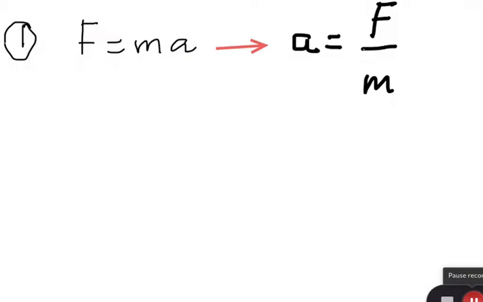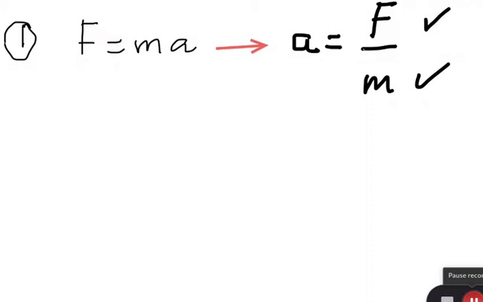We're going to use, from mechanics, Newton's second law, F equals ma. From here we can say that a equals F over m, where F is the force applied to the electrons moving inside the electric field, and m is the mass of the electrons.